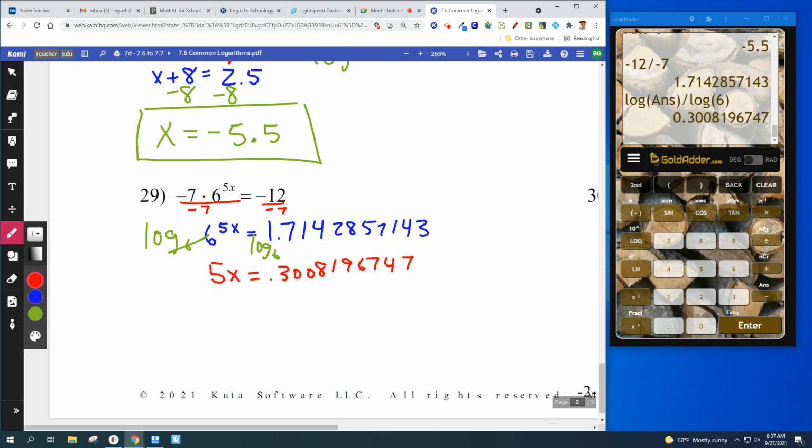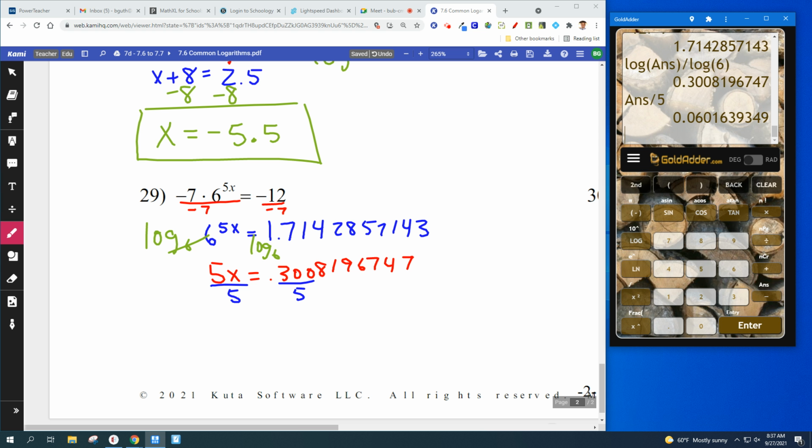And then, of course, last step, I'm going to isolate. So I'm going to divide by 5. Again, I don't want to have to type that whole number in. So I'm just going to hit divide by 5, and it just pulls my answer down and takes that whole thing. Okay. X is about 0.0602. There we go.